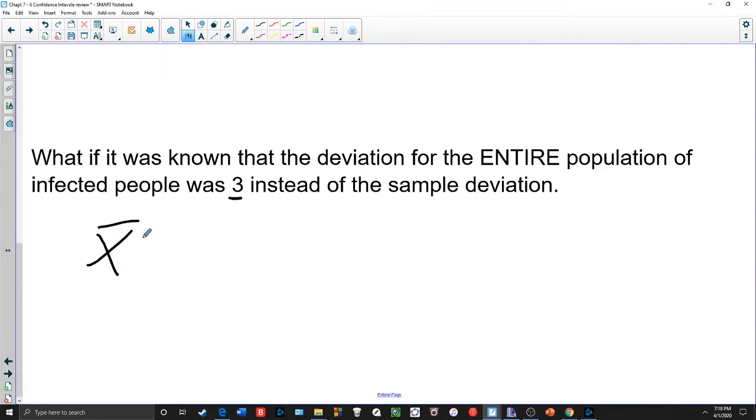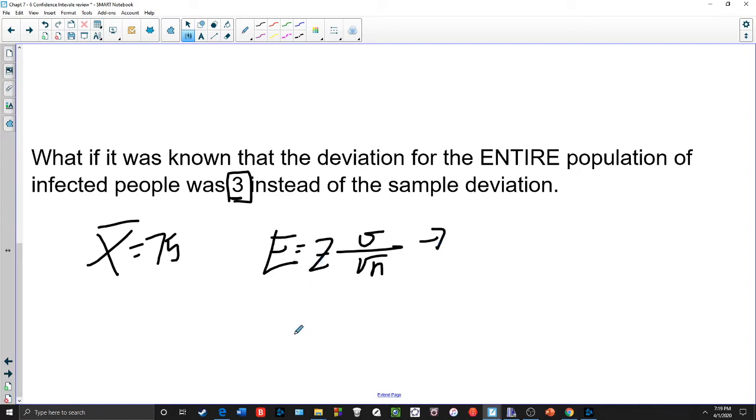Our x bar would still be 75. But our margin of error would be z times sigma over root n. Well, what's sigma? Sigma is just, again, this population deviation now. It's 3. So sigma is basically the s for the entire population, which, again, we're just saying is 3. Now, for a z-score, we know that if we're doing a 95% confidence level, that's one of those common numbers.